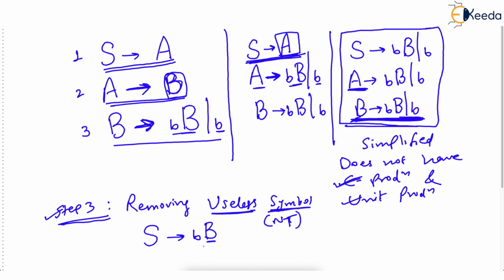And in the derivation, we never get A. This non-terminal will never be there, because from the start symbol, capital A is never reachable. From the start symbol, you can only get capital B, and then you will keep using this production. That means this A is absolutely not reachable.